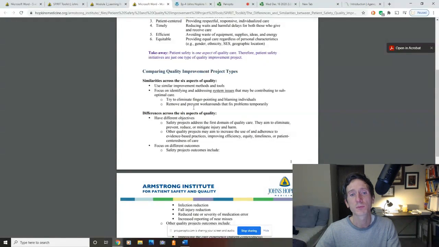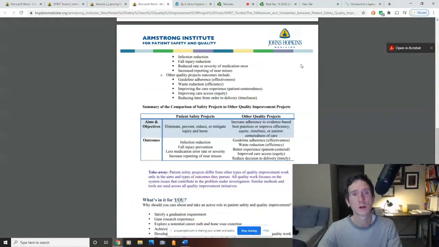Also, removing and preventing workarounds that fix problems temporarily. So nurses are renowned for this. We're problem solvers. We're always at the bedside. We have to figure it out when there's some kind of a problem. But clearly, we're trying to remove those workarounds by standardizing approaches because evidence shows that's the safest outcome for our patients and ourselves. So not to belabor this document too much, it's really good.